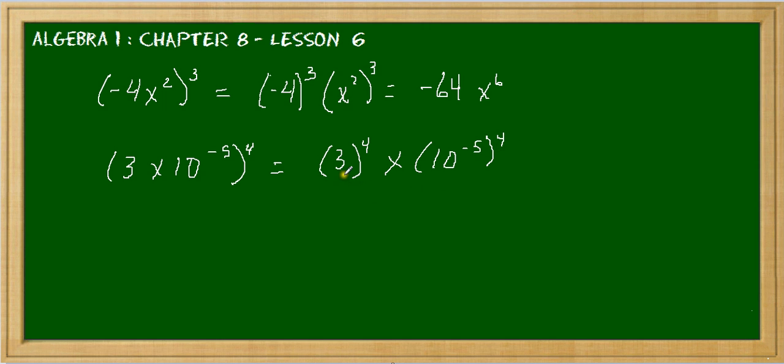Well, 3 times 3 is 9, times 3 is 27, and times 3 again would yield 81. So we have 81 times negative 5 times 4 is negative 20, so we have times 10 to the negative 20th power.